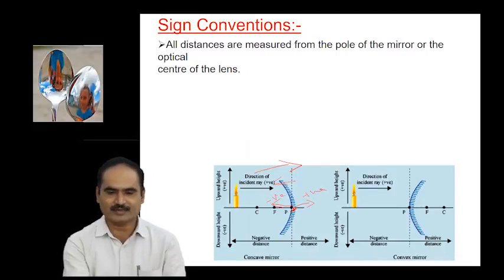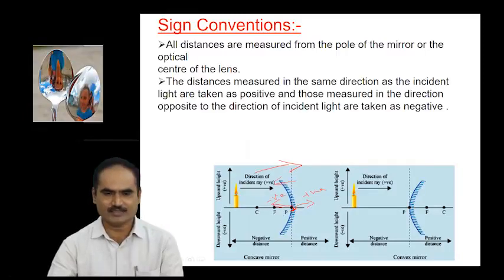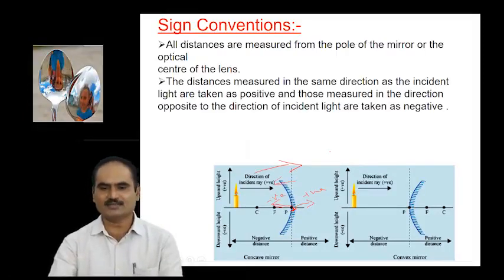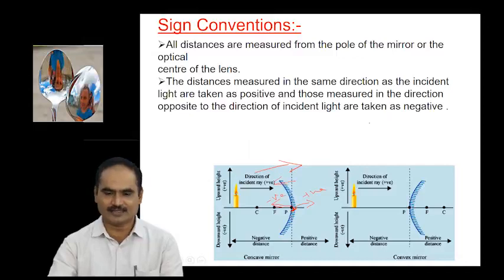So this is the second convention. The distances measured in the same direction as the incident light are taken as positive, and those measured in the direction opposite to the direction of incident light are taken as negative.